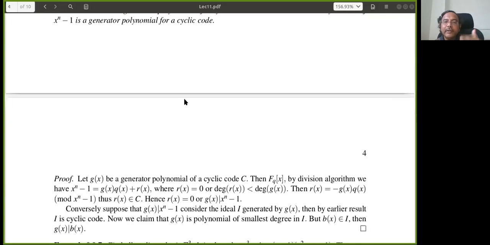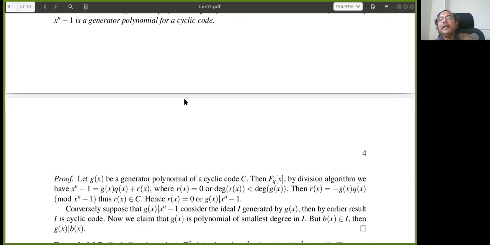Now, once it is a principal ideal, it is generated by a polynomial. What is the polynomial? That is g(x). Out of all the polynomials of smallest degree, I took the polynomial which is monic. Does somebody know what a monic polynomial is? Yes, the leading coefficient is 1.